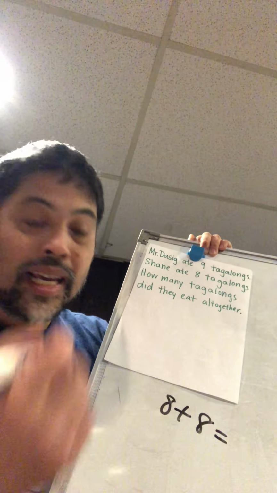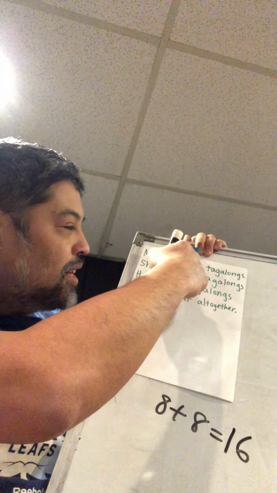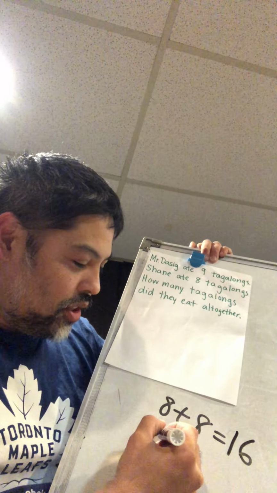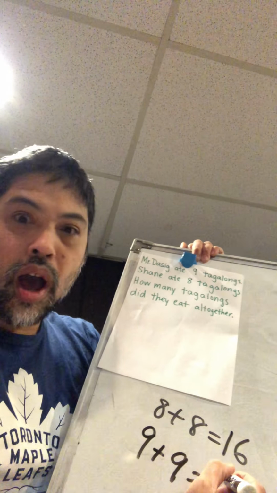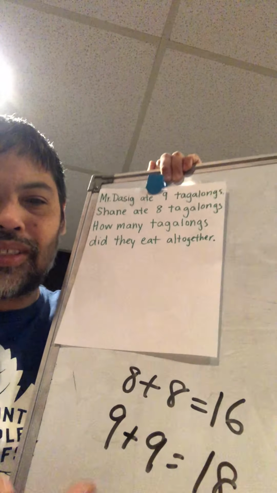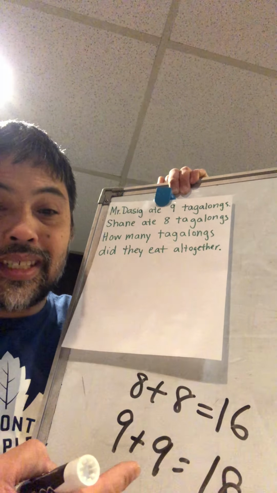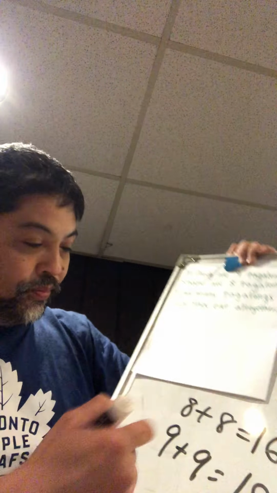Friends, you better know this, 16. Okay? Or the other doubles fact I can use is 9 plus 9 equals 18. So whatever my answer is, it's got to be between 16 and 18.